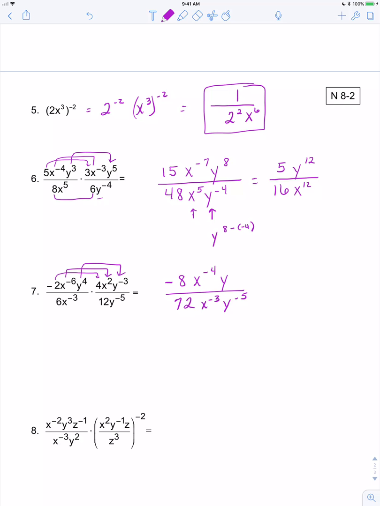Deal with your numbers, your x, your y, your z, and then simplify from that. I like to do all the tops, all the bottoms, and then simplify tops and bottoms. So negative 8 divided by 72 gives us negative 1 over 9.